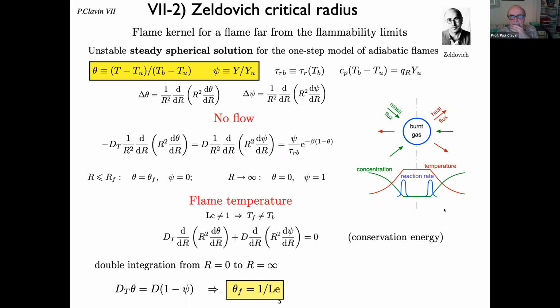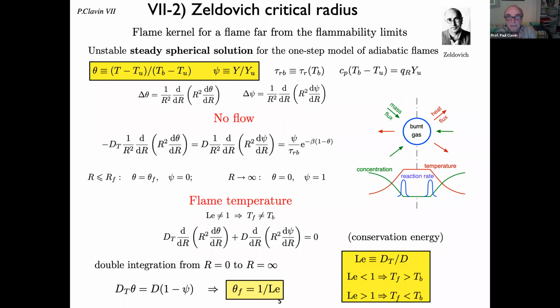So the flame temperature is depending on the Lewis number, the ratio of the thermal diffusivity to the molecular diffusivity. If the thermal diffusivity is more efficient than the molecular diffusivity of the limiting species, in that case, the temperature is smaller than the adiabatic.